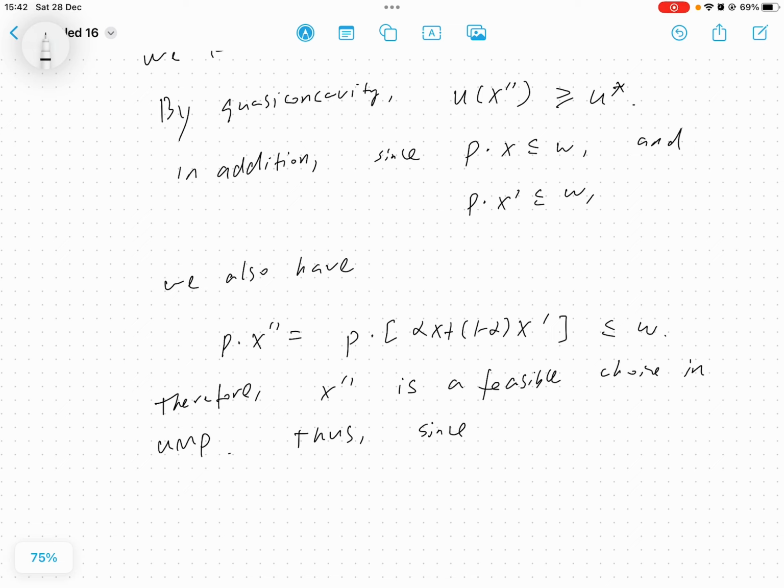So since U of x double prime is greater than or equal to U star, and this is feasible, then this x double prime has to also be a solution.